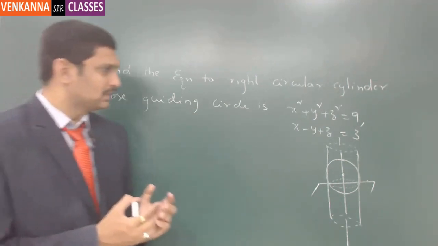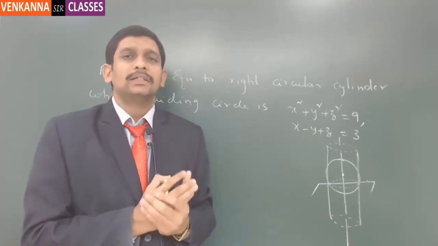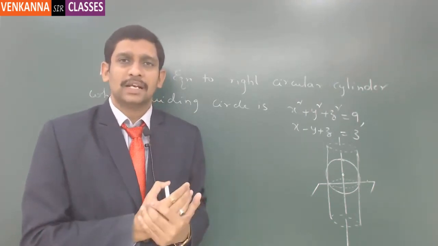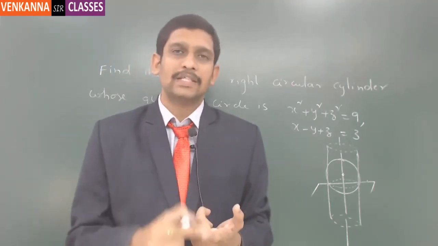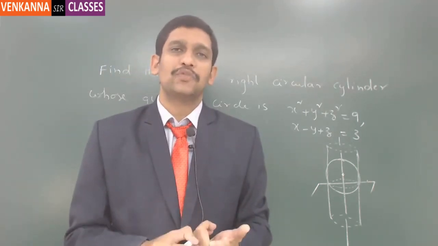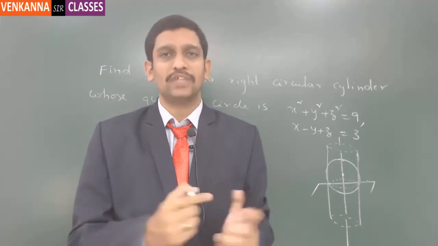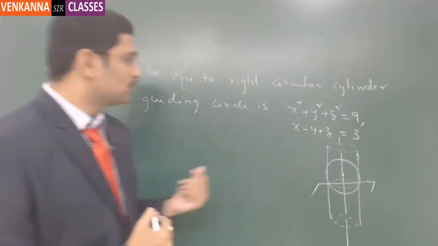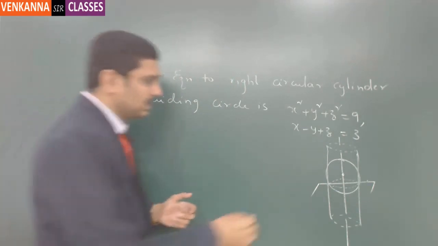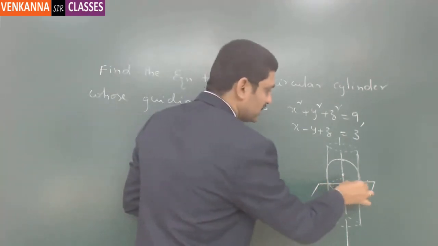Now what happens? In order to write the equation of the right circular cylinder, we should know what is the radius of the cylinder, and next one is what is the axis of the cylinder. That we need to calculate here. So what happens if you say this is the radius of the cylinder?